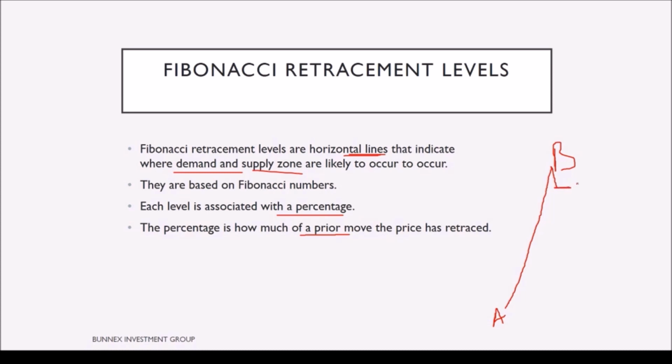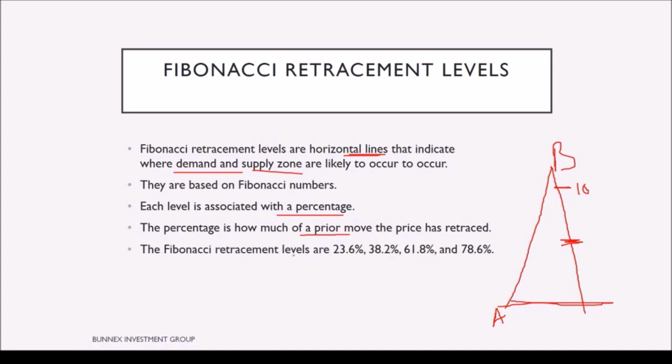We might say it has retraced 10% of the prior move AB. Or if it comes to this point, we would say the price has retraced 50% of the prior move AB. Or if it goes to this, we would say it has retraced 100%. So that is basically what the Fibonacci tool helps us with.